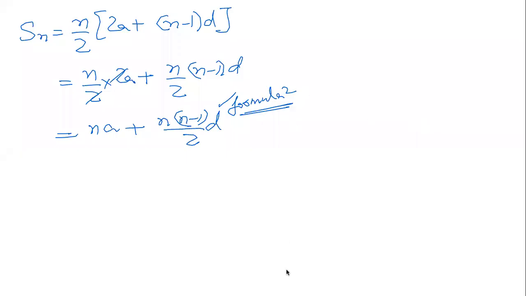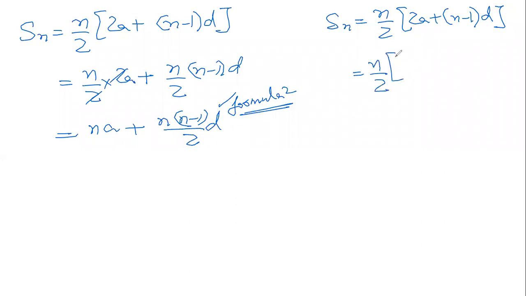Let us once again start from the main formula. The main formula is Sn equals n by 2, 2a plus n minus 1 into d. Just write it in another way. N by 2. 2a is 2 chocolates, na? So a, 1 chocolate, a, another chocolate, plus n minus 1 into d.